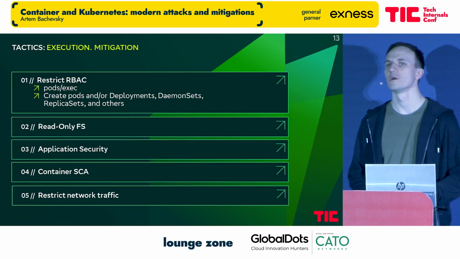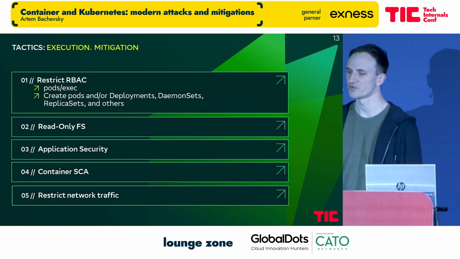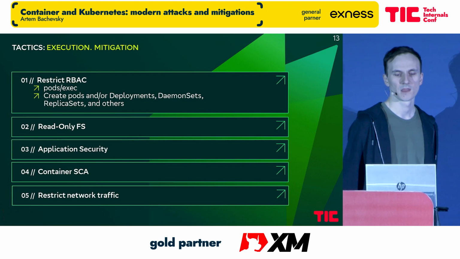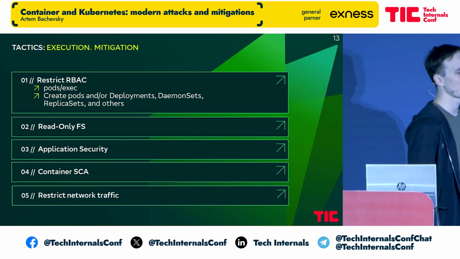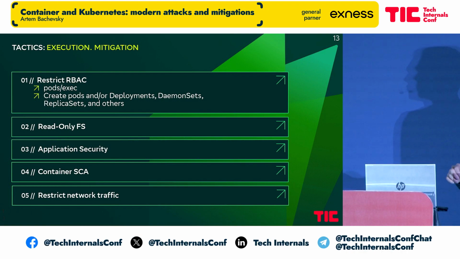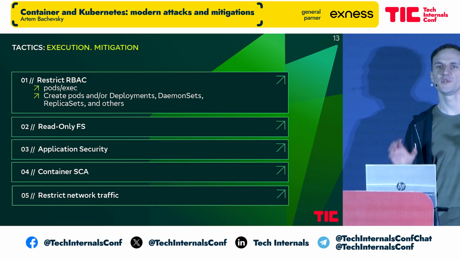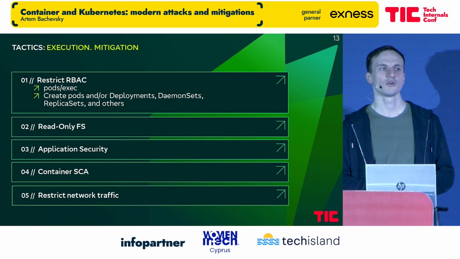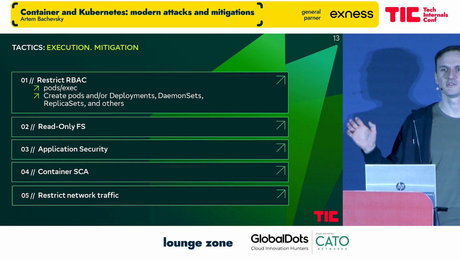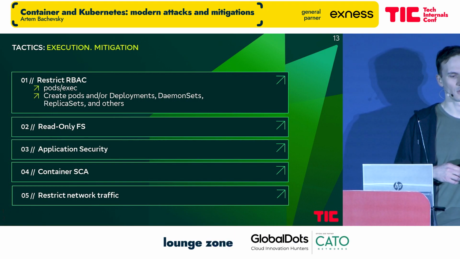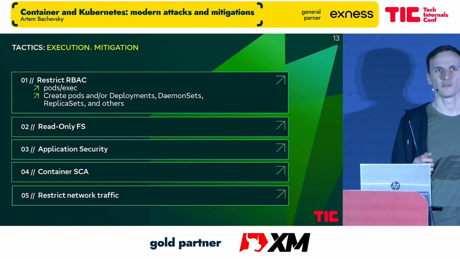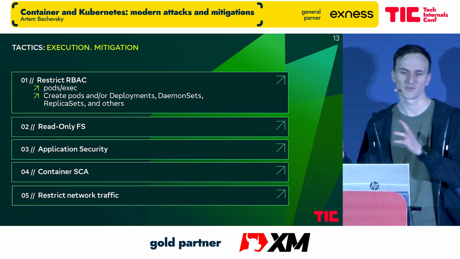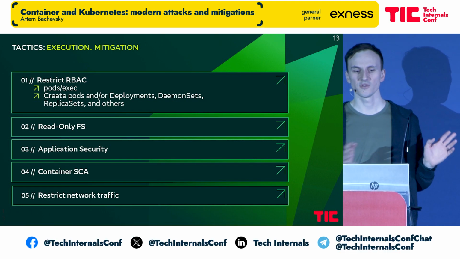What should we do? The third golden thread is the restriction of RBAC. For this, you should use the principle of least privilege, and I think every talk in security could be summed up in one idea: use the principle of least privilege. And here you also should use it.